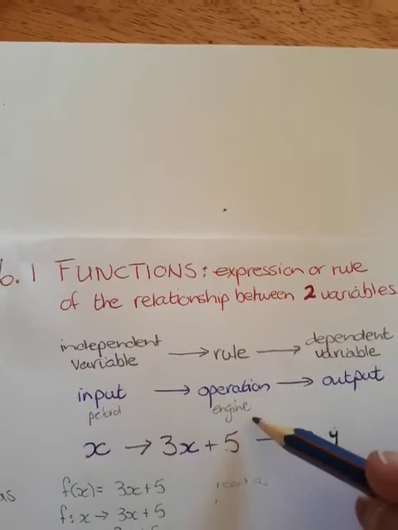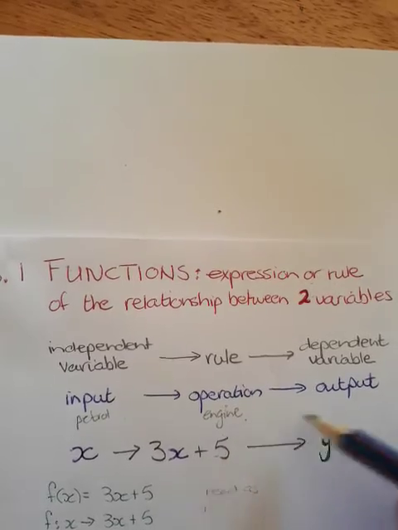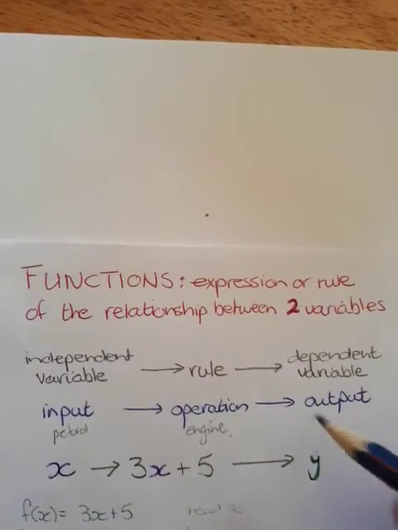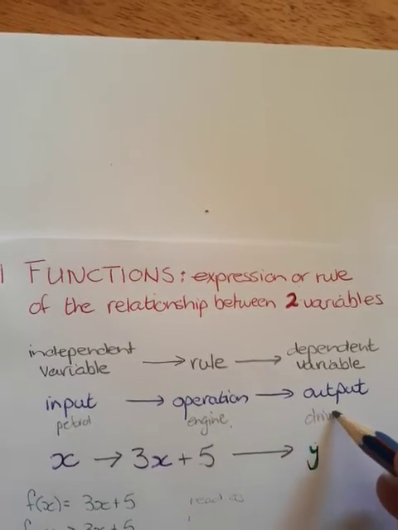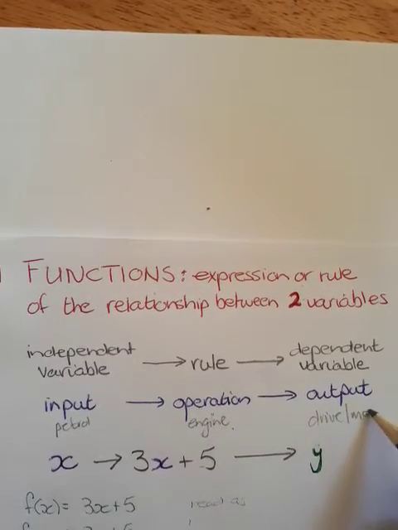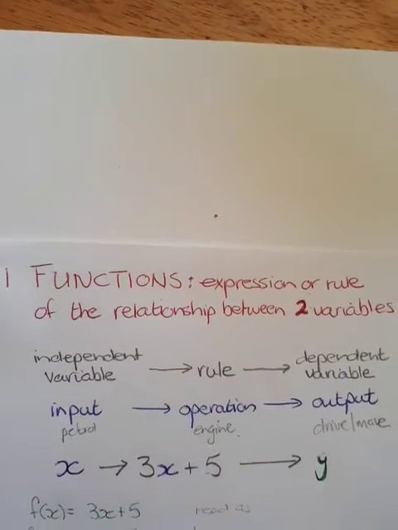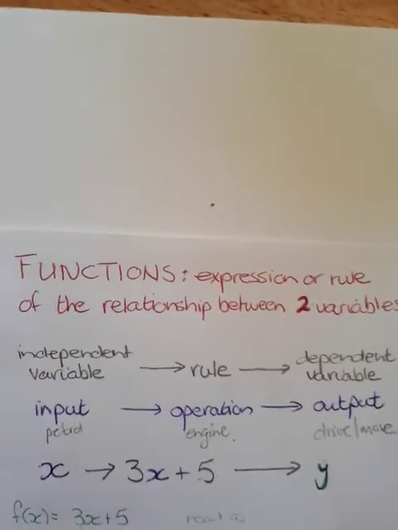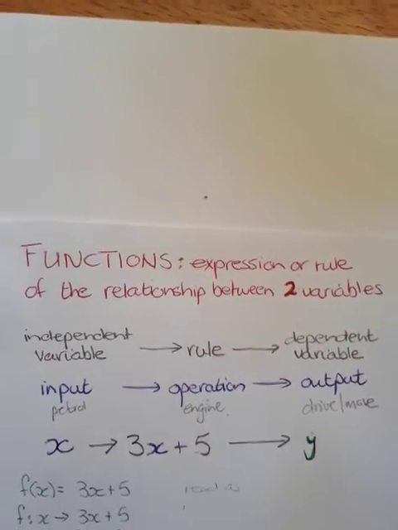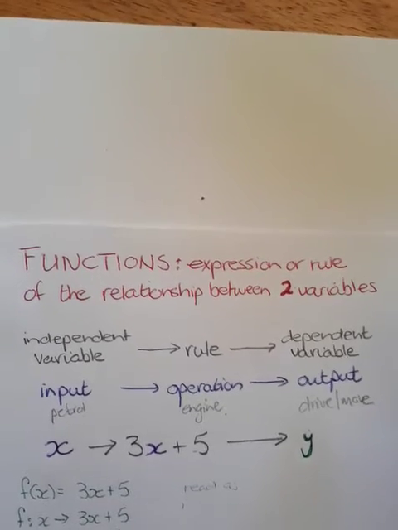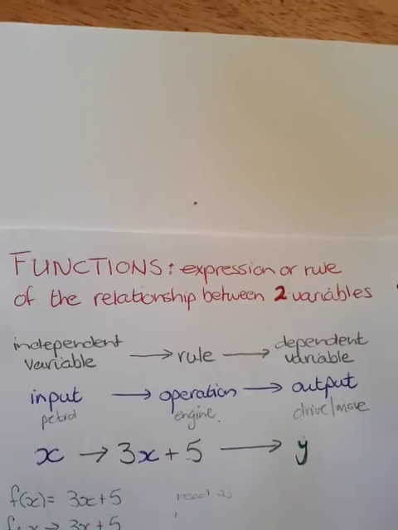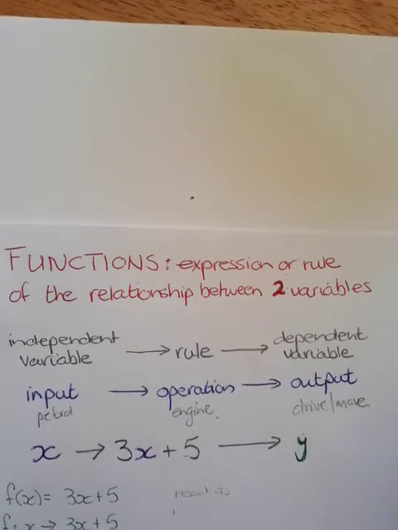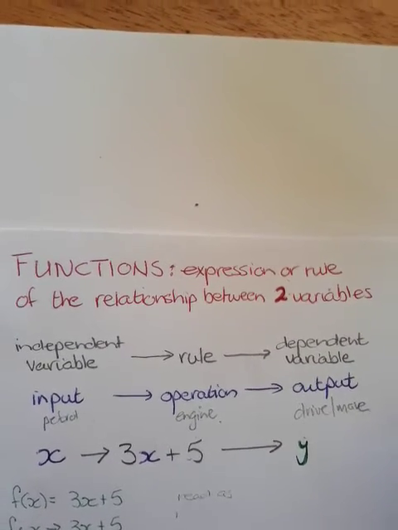So the operation is the engine, and the output, when you switch it on and the engine works, is basically that you drive or that you cause movement. So this is how we can compare a function. It really is nothing else than a fancy way of expressing a mathematical relationship between two variables.